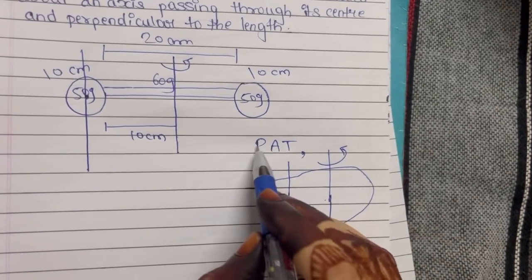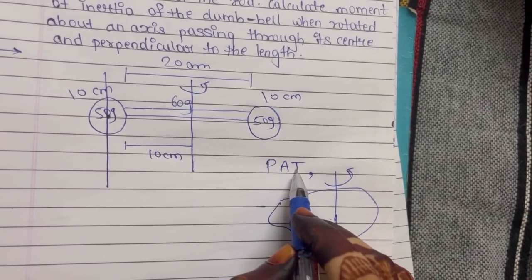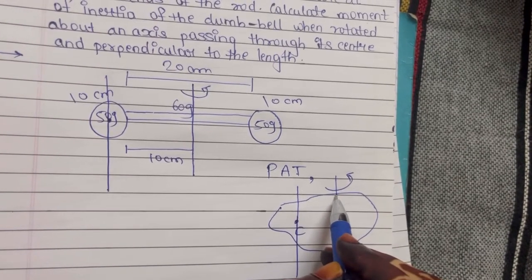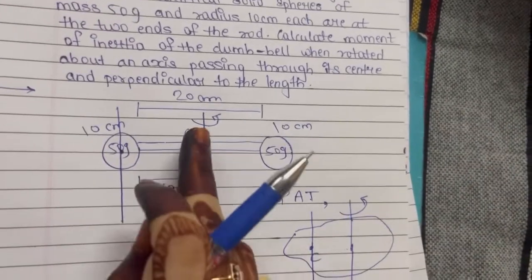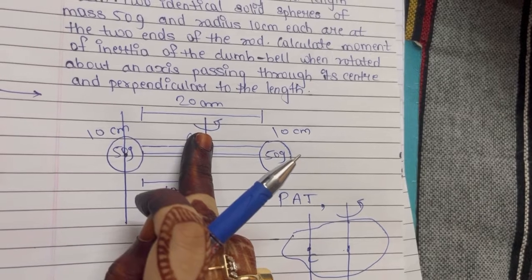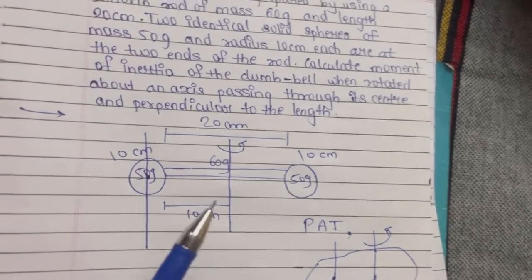Here I will apply the parallel axis theorem to find the moment of inertia about the axis of rotation. This is that axis of rotation. Similarly, here the axis of rotation is parallel to the axis passing through the center of the sphere.